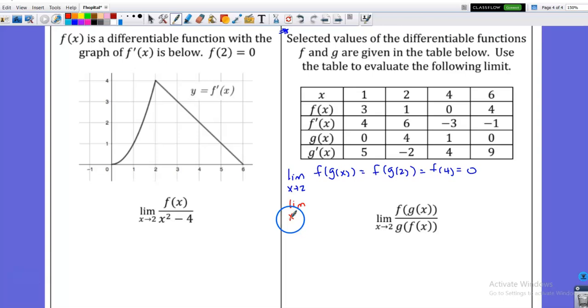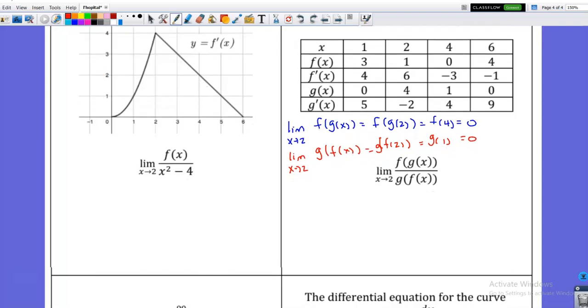Limit as x goes to 2 of g of f of x. So that would be g of f of 2. F of 2 is 1. G of 1 is 0, so now we can invoke L'Hopital with a nice chain rule action going on here.